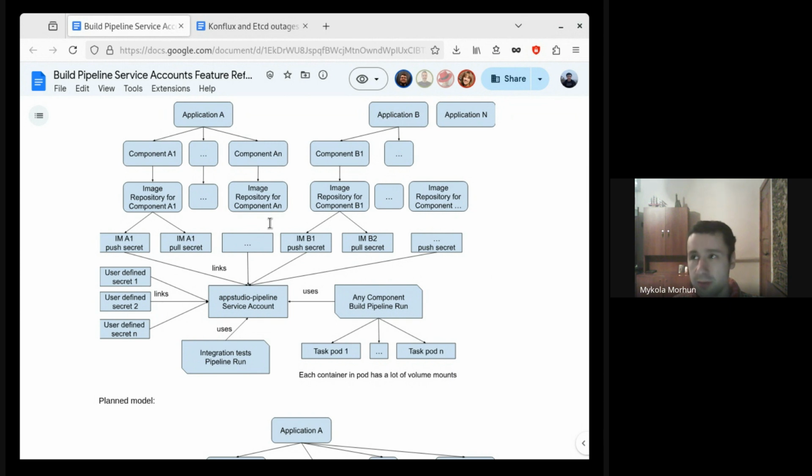This also brings some questions as well, some pros and cons, but that's a viable idea as well.